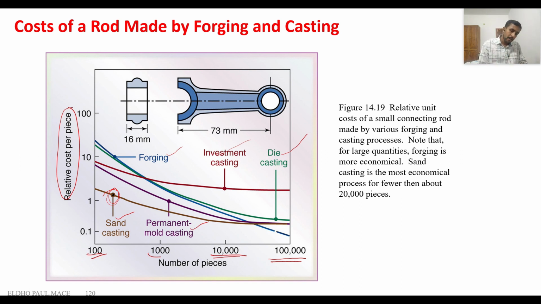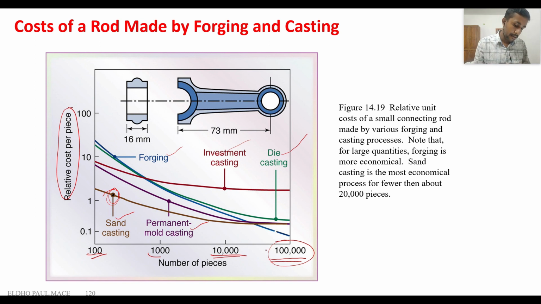But if you want to make 1 lakh connecting rods, in that case sand casting is not feasible, because for 1 lakh products, preparing the mold and breaking the mold is very difficult.